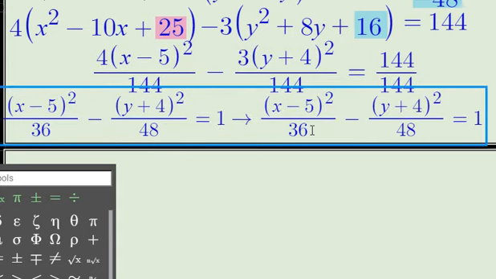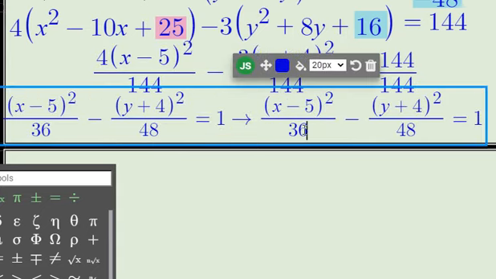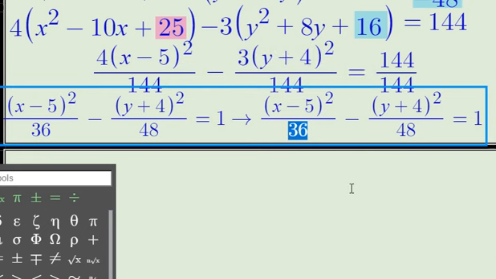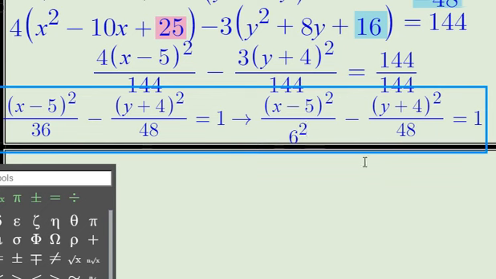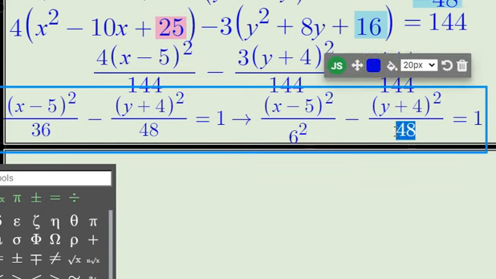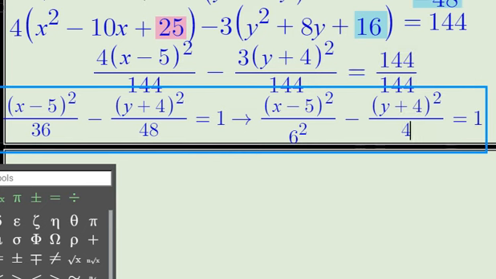Now, one last step I need to consider is I want to write these as squares. So instead of using 36, I want to convert this to just 6 squared. For the next one, instead of 48, I want to write this in simplest radical form. So I know that 16 times 3 is 48, so I'm going to do 4 radical 3 and put all that in parentheses and square it.